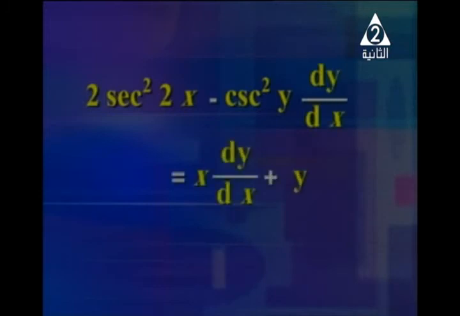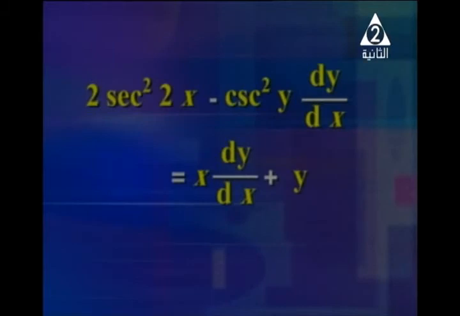Then the first is 2 sec squared 2x minus cosec squared y, remember dy over dx, equals the right-hand side: first derivative second plus second derivative first.